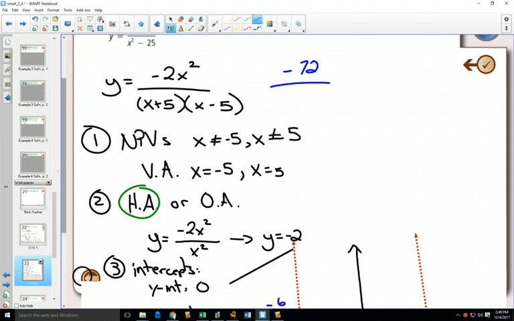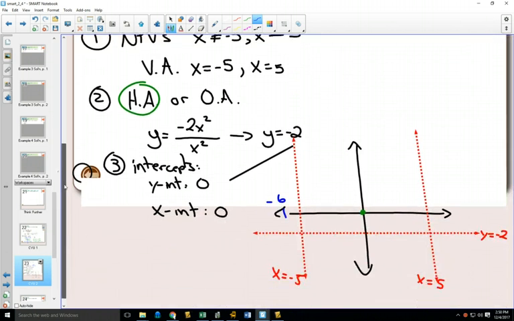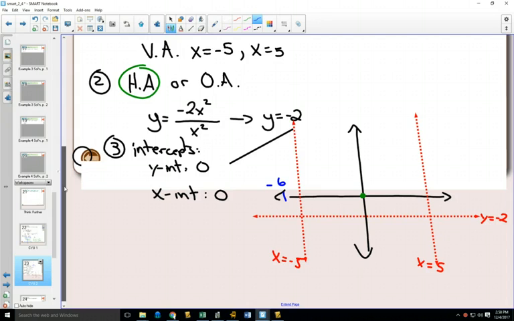Plug in -6 here, I'll get -1. -6 here, I'll get -11. That simplifies to -72 over 11, which is -6 point something. So now on my graph, that point is going to be somewhere here: -6, -72 over 11. Because it's in this section, the graph is going to approach your asymptotes. So this section will look like this.